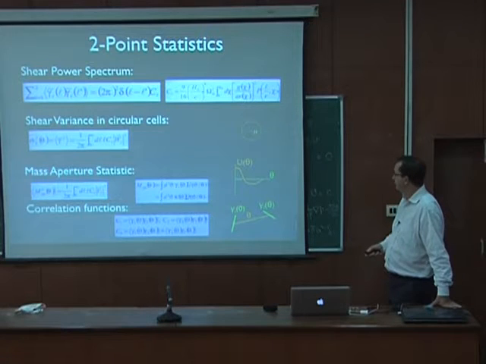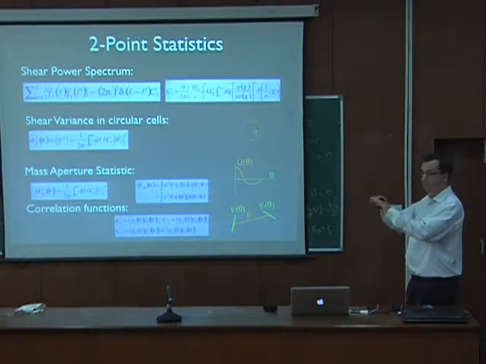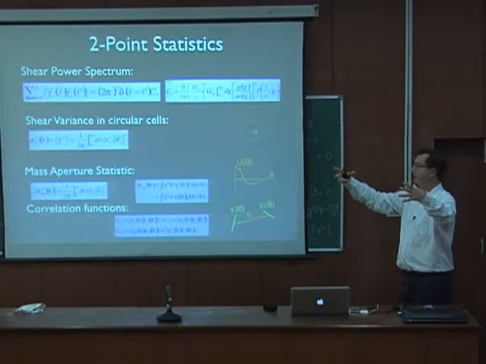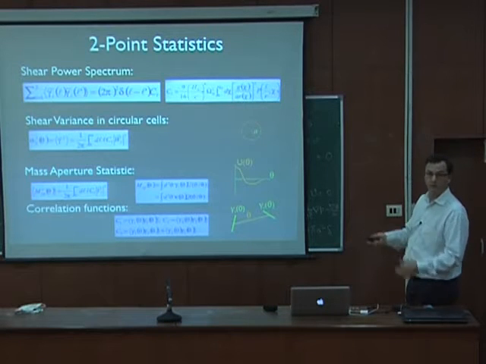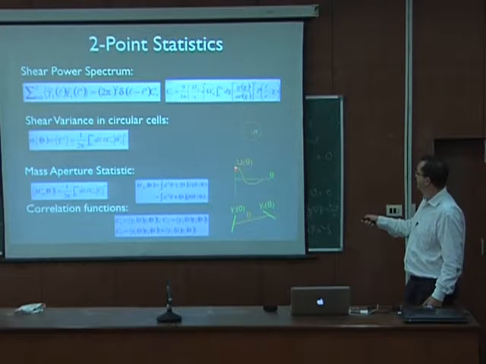There's another one that was introduced, which is quite interesting. Instead of averaging over a circle, which in 2 dimensions will be a top hat, so it's 1 inside radius theta and 0 outside, one can also look at more interesting weight functions. So if we look as a function of theta, the circular aperture will look like this, so constant and then 0. Okay. One can also do an average with more complicated apertures.